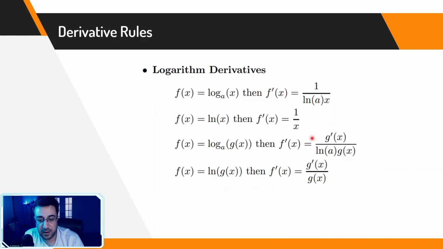The log base a of g of x, in this case f prime of x, equals g prime of x over ln of a multiplied by g of x. F of x equal to ln of g of x, then the f prime equals g prime of x over g of x. I know those may sound confusing to you. That's totally normal. Until you see the examples, everything will make sense to you.